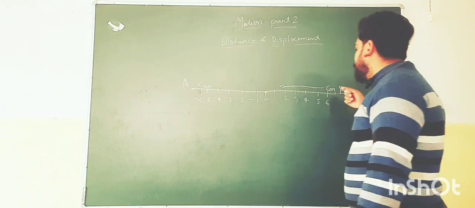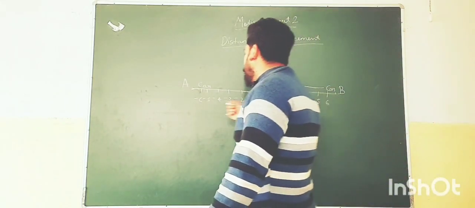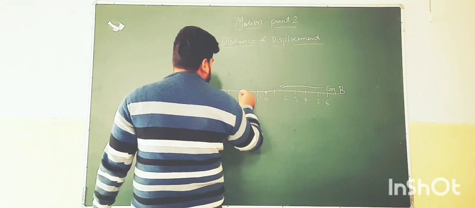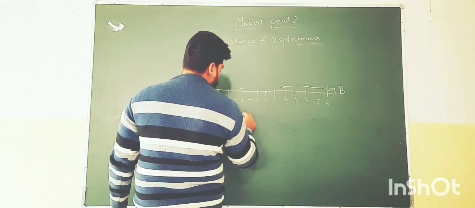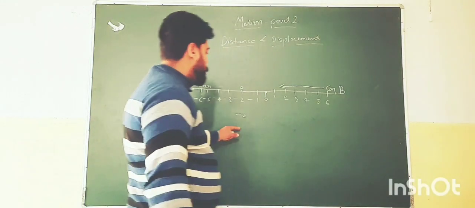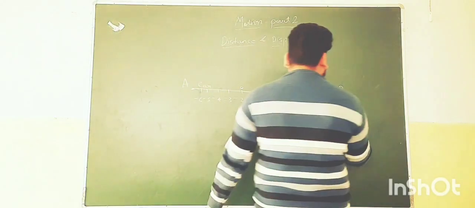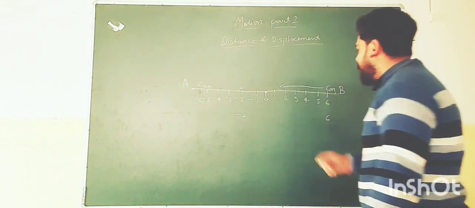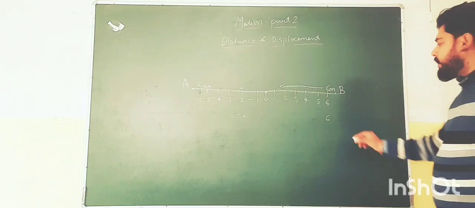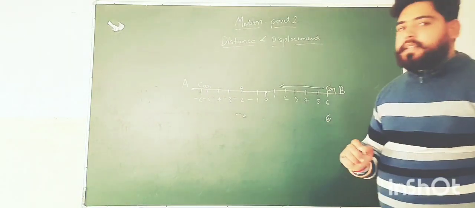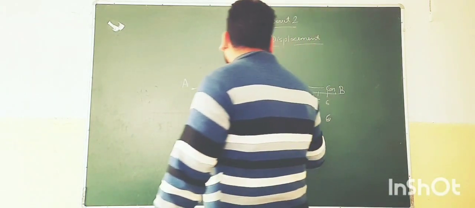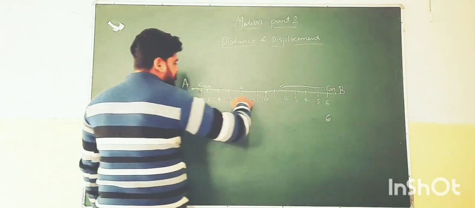When the car is moving from point B to point A, suppose it reaches this point, -2, and it was moving from 6. You are looking at these two points. What will be the distance here?